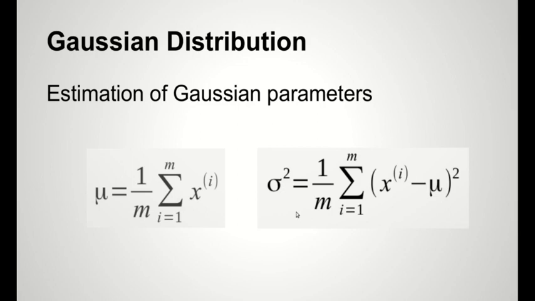Sometimes we may see this formula differently, with m minus 1, which will give different mathematical properties, but for the machine learning field it really doesn't matter which one you use.